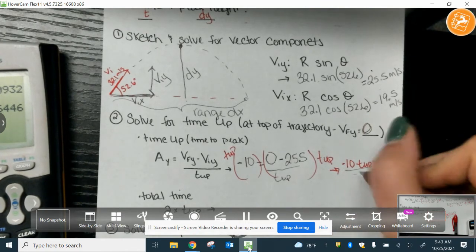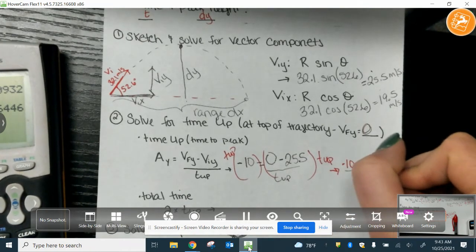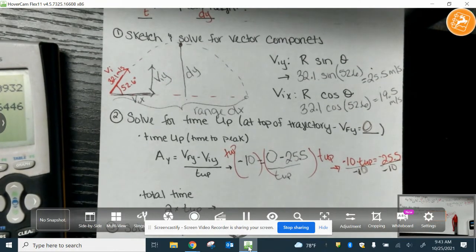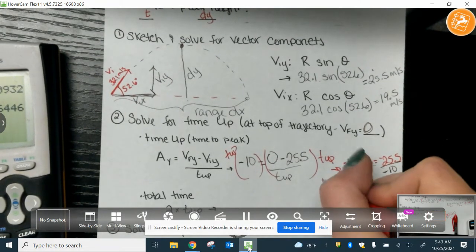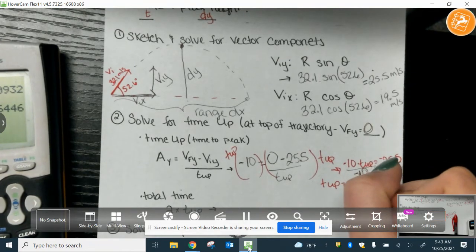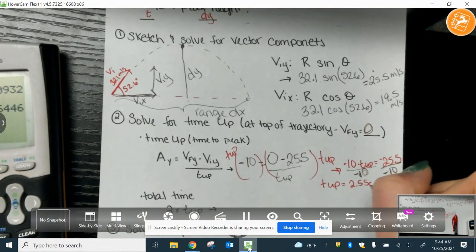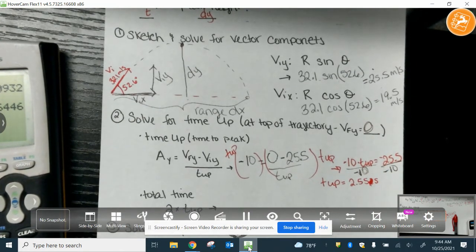I'm going to divide both sides by -10. And my time up should be 2.55 seconds.